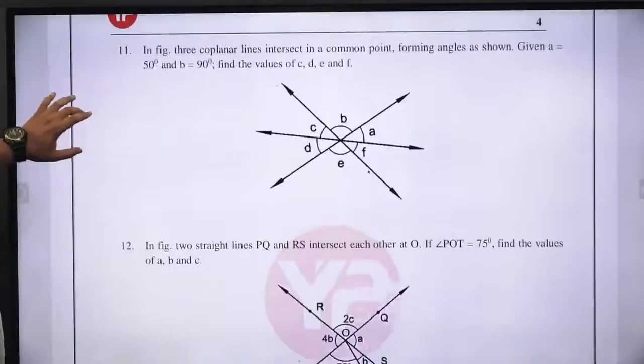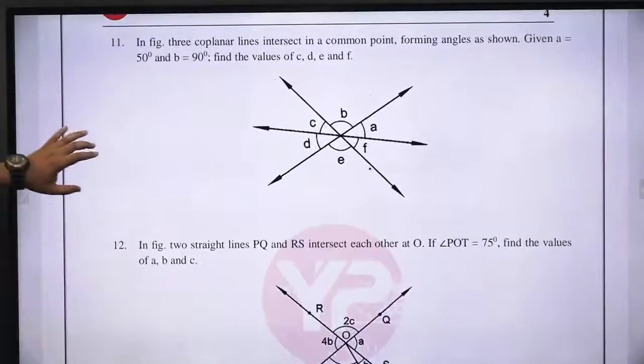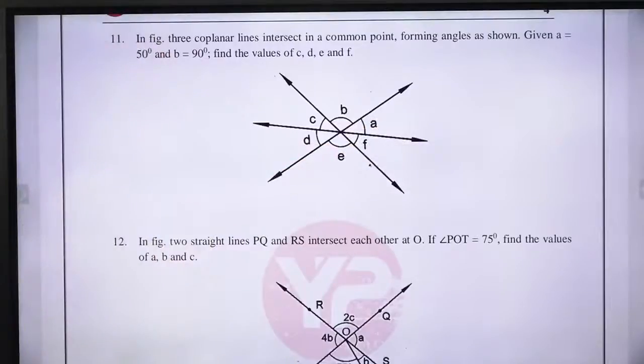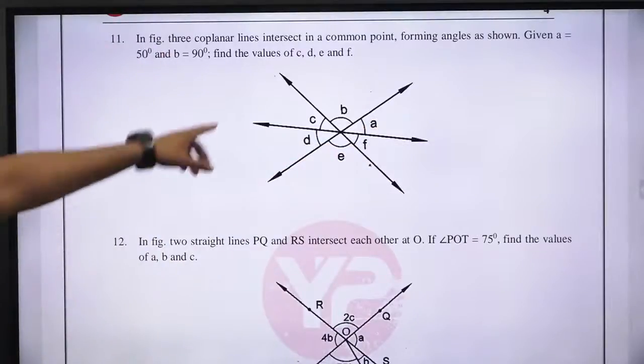Some of the questions were taken from NCERT also. See, three coplanar lines intersect at a common point, forming angles as shown.